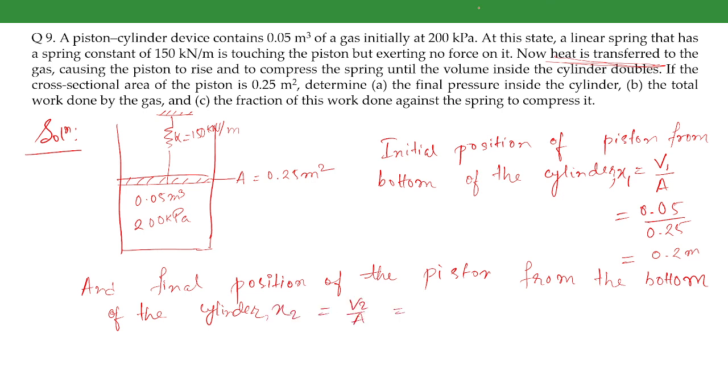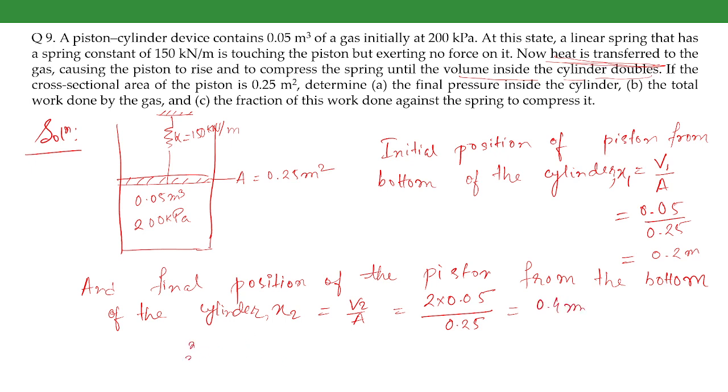So what is the final volume? It is said that the spring compresses until the volume inside the cylinder doubles, that is, the final volume will be twice the initial volume. So this is 2 multiplied by 0.05 divided by 0.25, which is 0.4 meter.